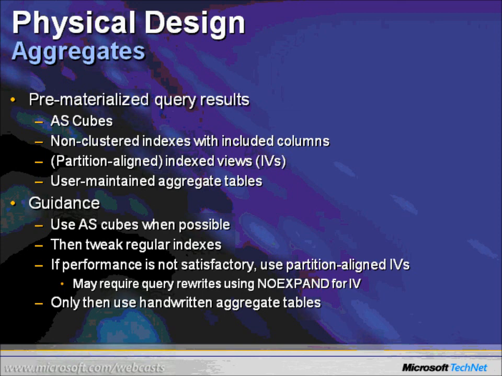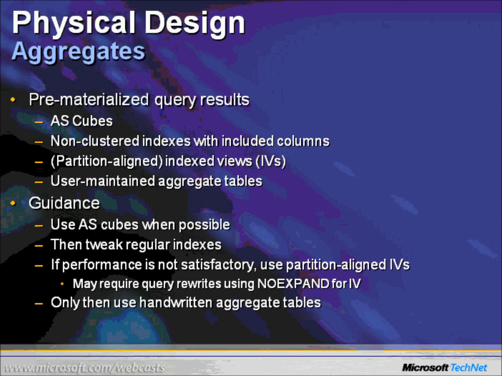So, for example, if you were running a lot of reports that asked for total sales by product and store, you could create an indexed view that grouped by product and store and had the total sales for each store for each product. And the number of products times the number of stores may be far, far less than the total number of items in the fact table.